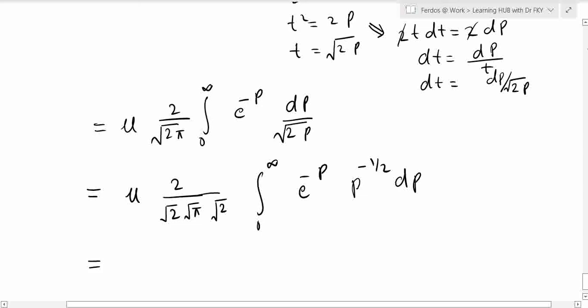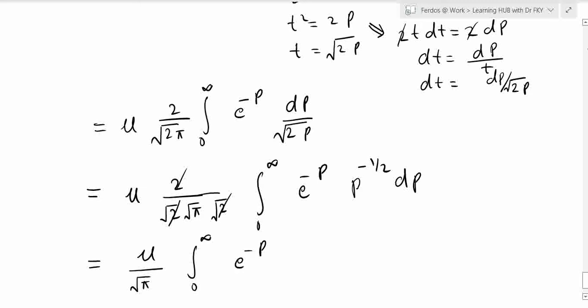Now you can cancel this 2 with this, and this is equal to mu divided by the square root of pi, 0 to infinity e power minus p, p power minus 1 over 2 dp.